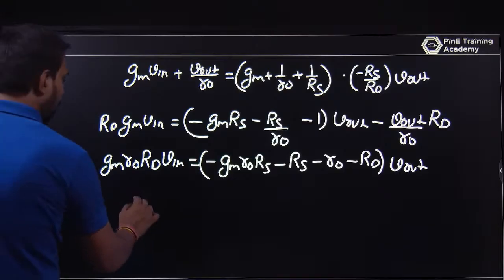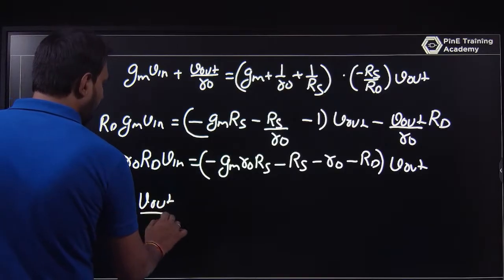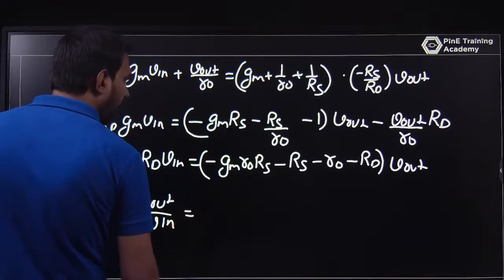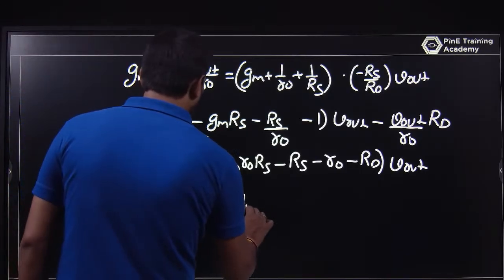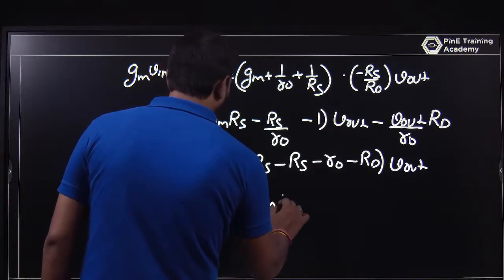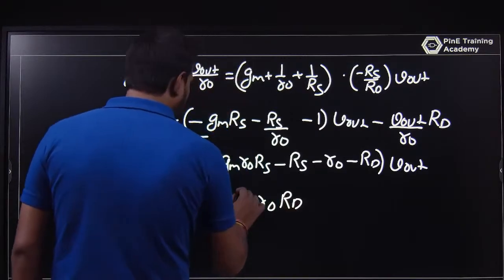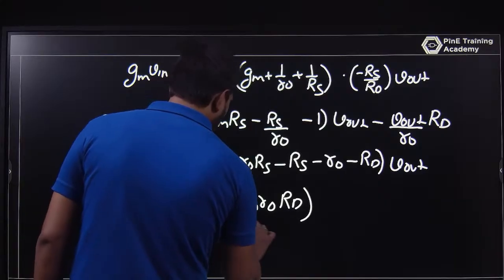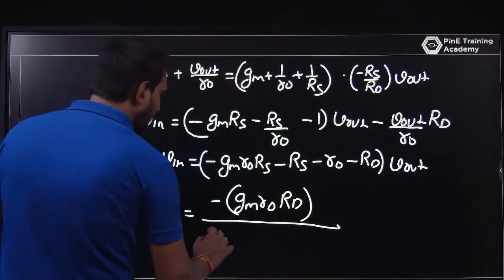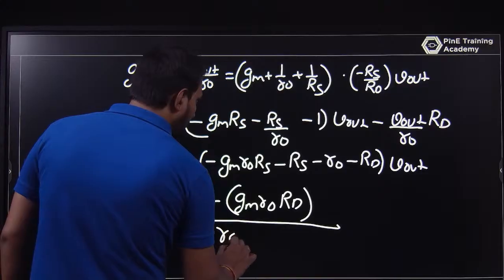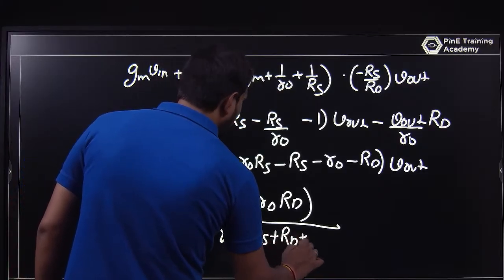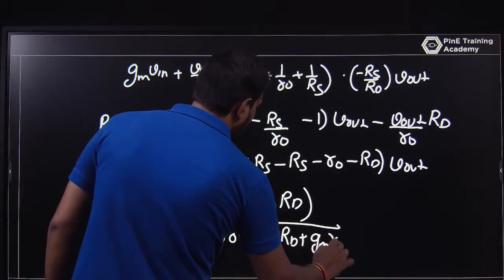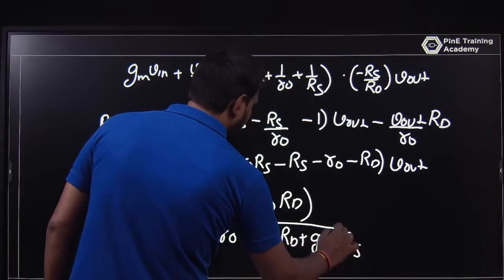So what is V out by V in? That is minus Gm R naught RD upon R naught plus Rs plus RD plus Gm R naught Rs.